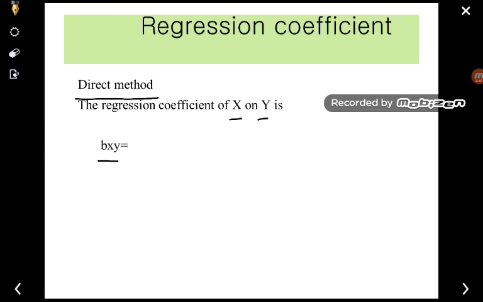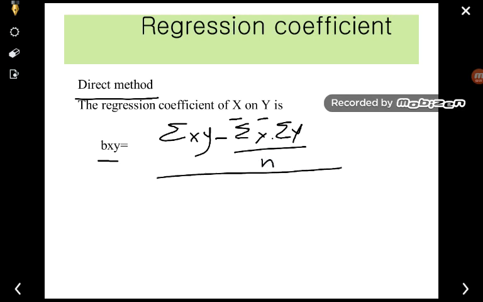So the regression coefficient of x on y is bxy, and the formula for that is summation of xy minus summation of x into summation of y divided by n, whole divided by summation of y square minus summation of y the whole square divided by n.